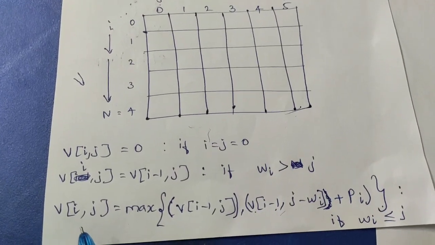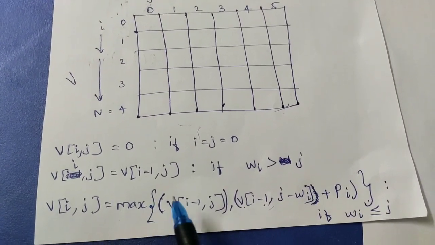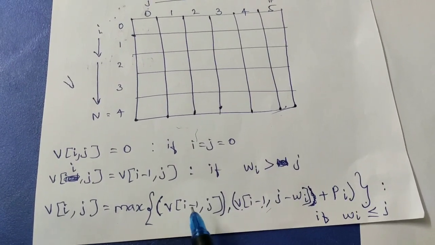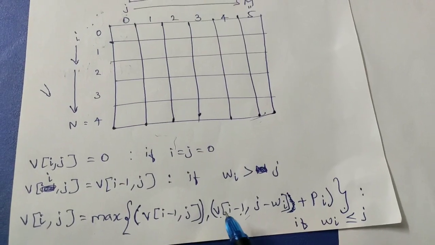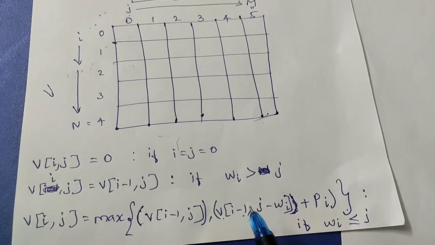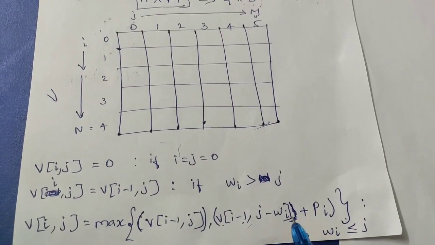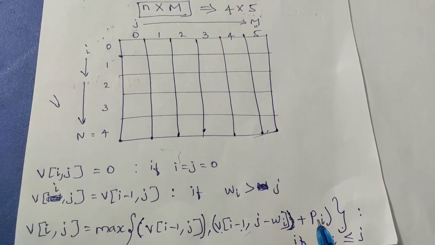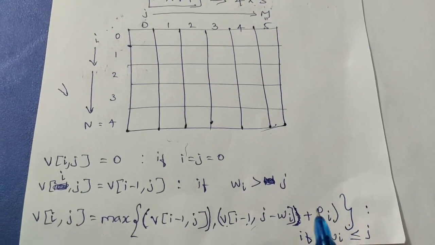Third formula is V of I comma j is equal to maximum of V of I minus 1 comma j, comma V of I minus 1 comma j minus wi, plus pi. Pi is nothing but profit of the item.